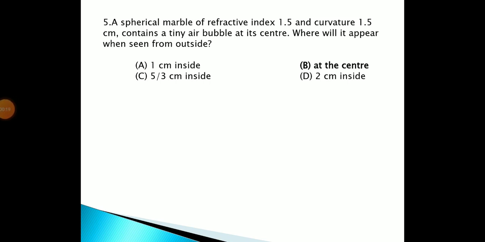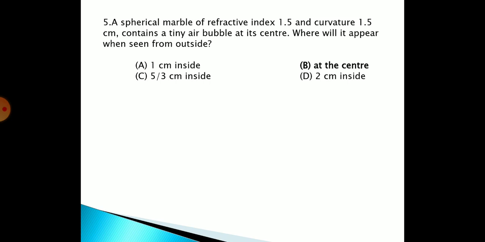A spherical marble of refractive index 1.5 and curvature 1.5 centimeter contains a tiny air bubble at its center. Where will it appear when seen from outside?